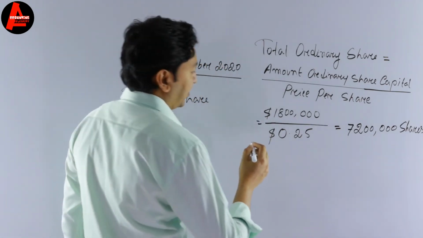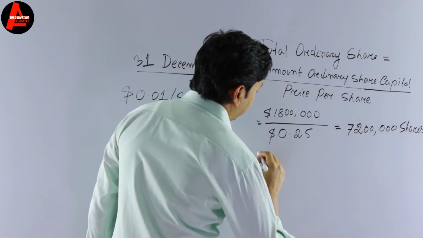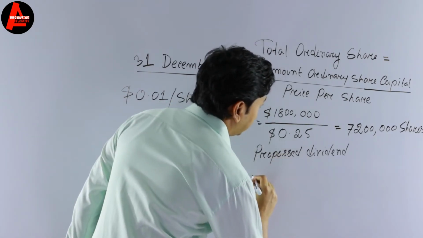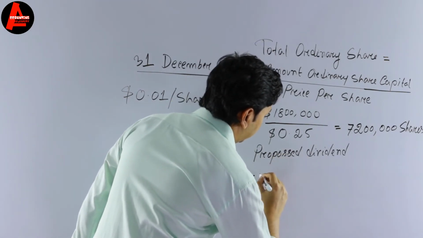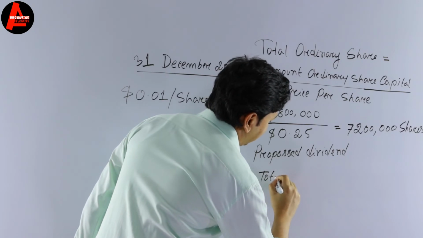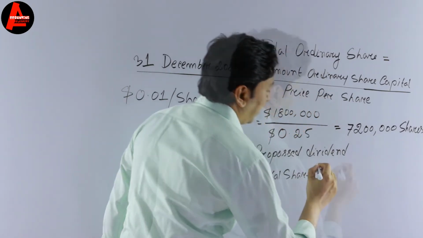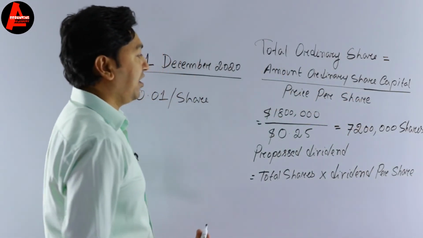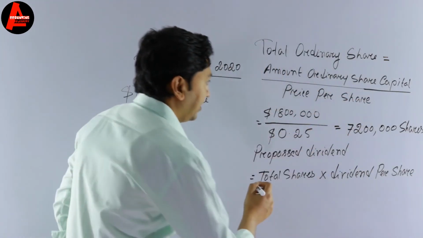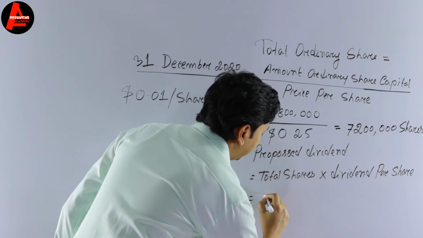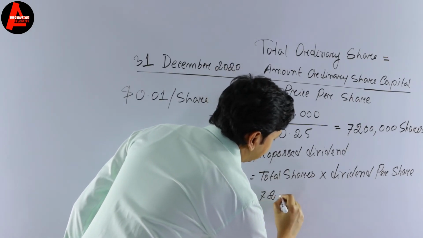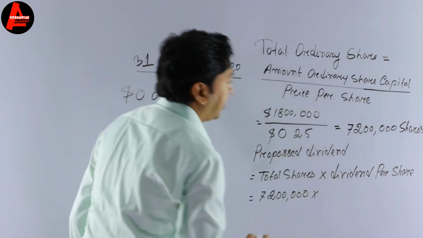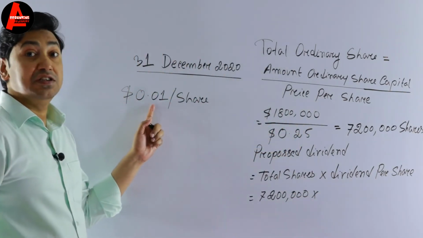Let us write here: proposed dividend equals total shares multiplied by dividend per share.